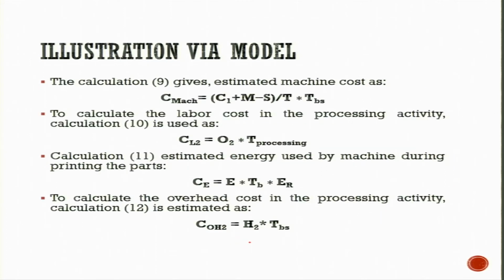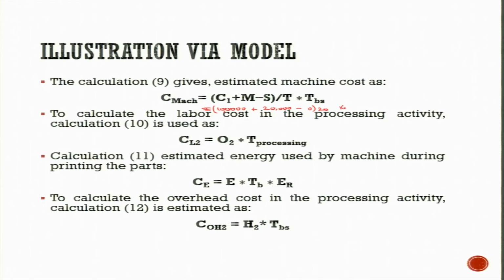Next comes the cost of the machine. This is equal to the initial value of the machine, that is given as 1 lakh there, plus maintenance cost, which is given as 20,000, minus salvage value, which is given as 0, divided by the life. The life of the machine is 20 years, right.